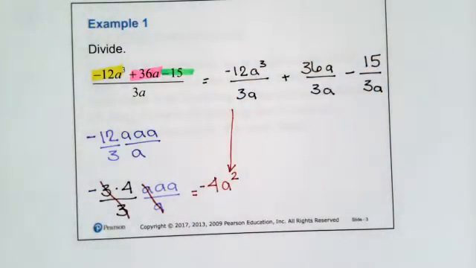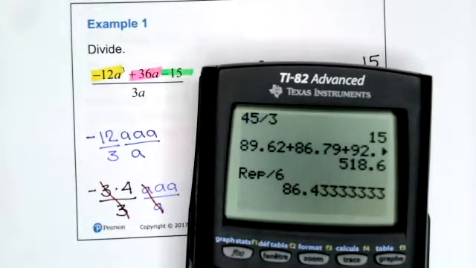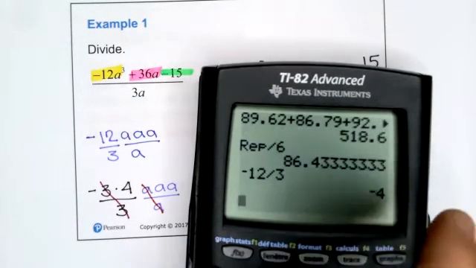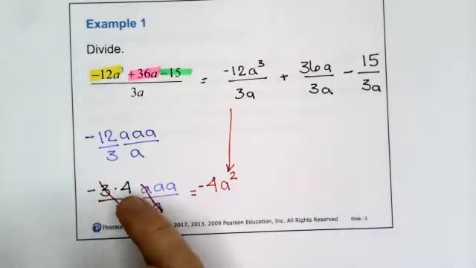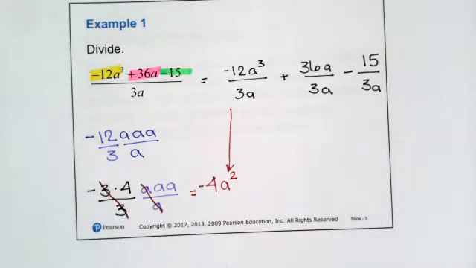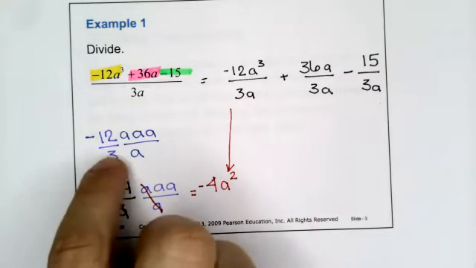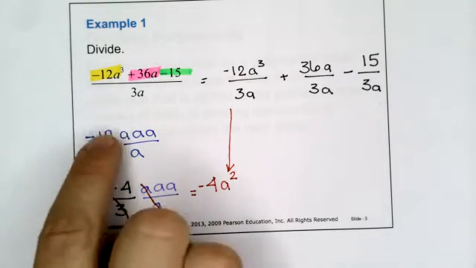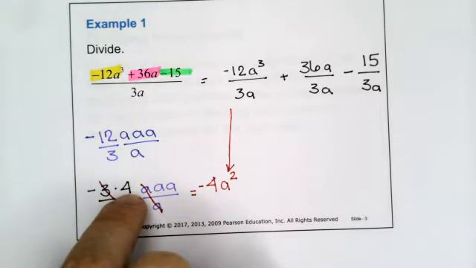Or if it's easier for you, you can just say negative 12 divided by 3 is negative 4. Or you can factor out a factor that is common to the top and the bottom. A factor that would be common to the top and the bottom is obviously 3. 12 divided by 3 is 4.